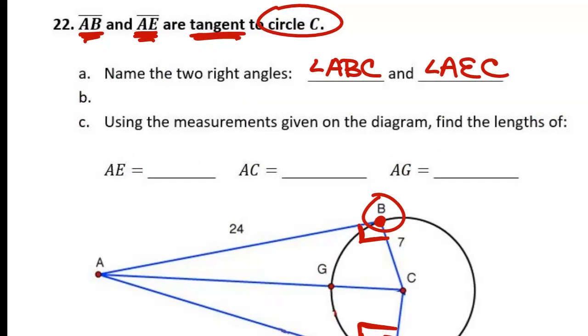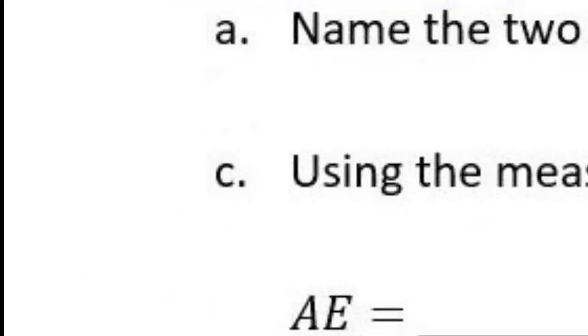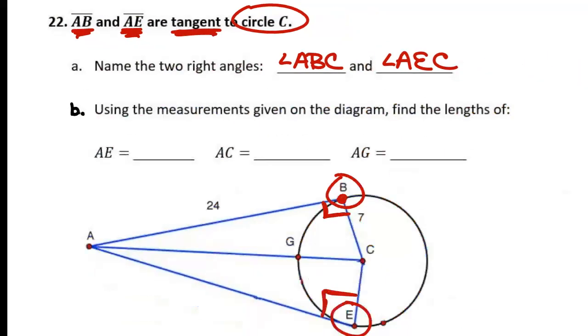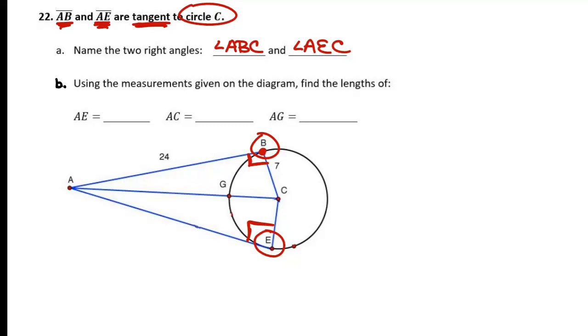All right, and then I don't know why that was marked as B when there's nothing there. This is point B, or this is question B. Yes, you can. We want to use the measurements given on the diagram to find the following three lengths, AE, AC, and AG.